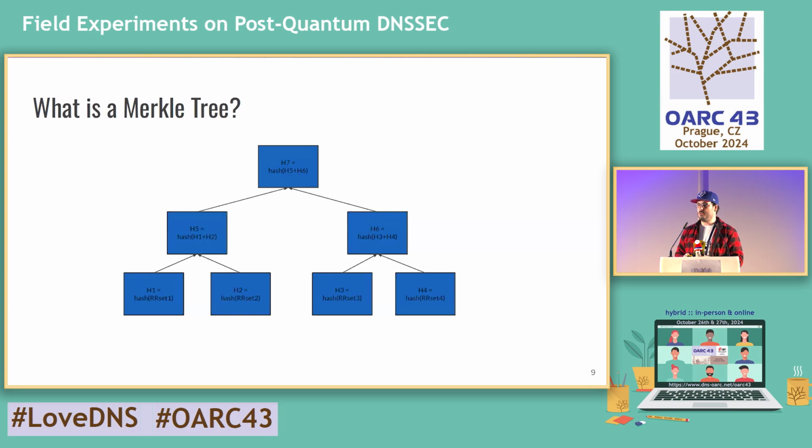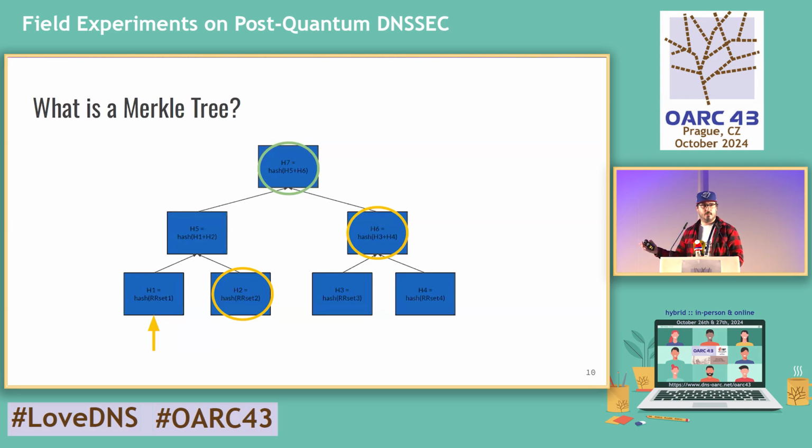Then if you want to validate if something is part of this tree or is part of this bundle, you'll get this thing called an authentication path, which are essentially the sibling hashes that you need in order to verify. So in this example, if we want to verify that our set 1 is part of this tree, we would hash it. We then take H2, which we were given as part of the authentication path, combine those together and hash the combination into H5.